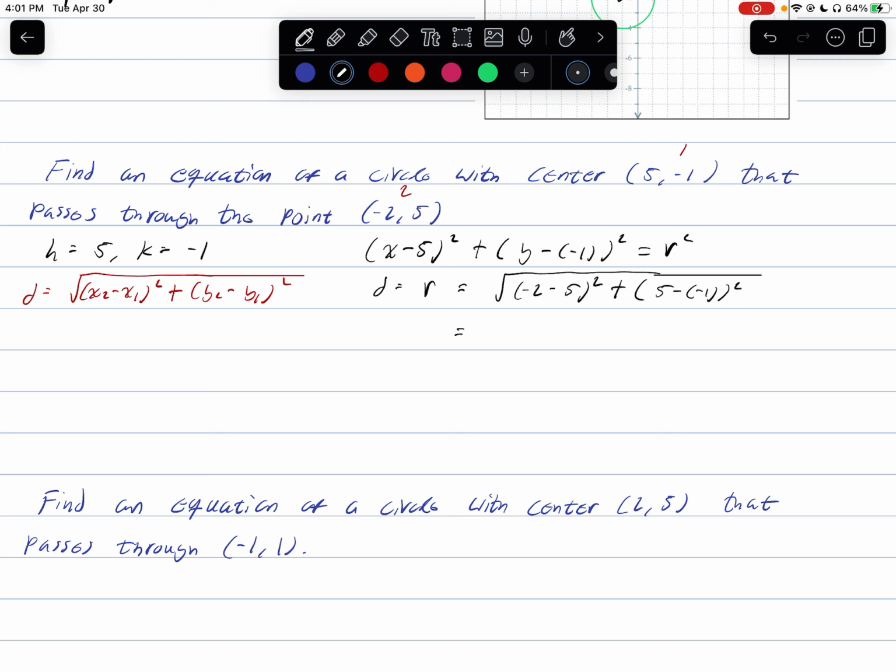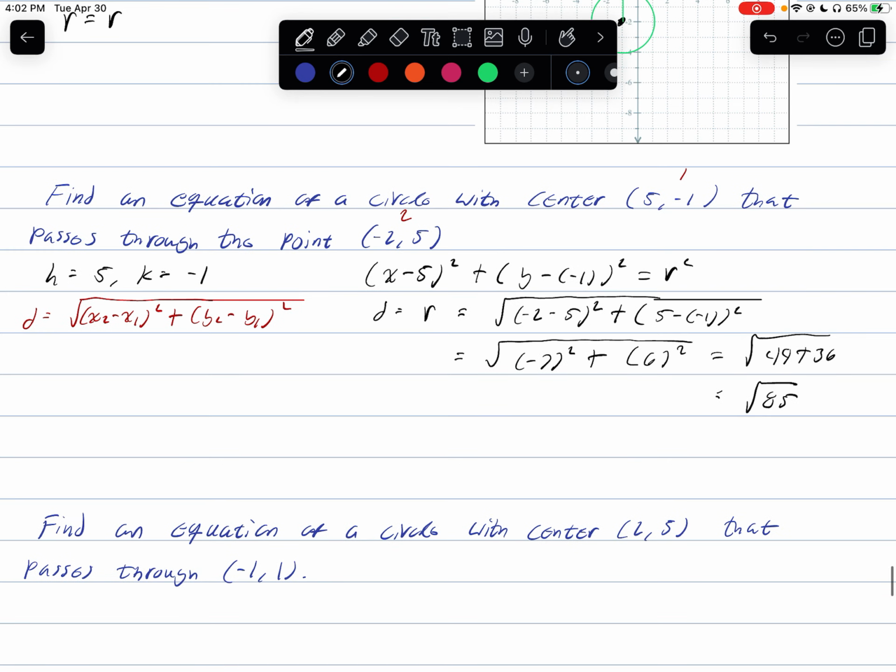So we have negative 2 minus 5, that's negative 7 squared, plus 5 minus negative 1. That's 5 plus 1, so plus 6 squared. Or we have the square root of 49 plus 36. And that's going to give us the square root of 85.